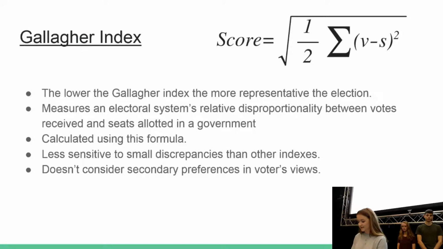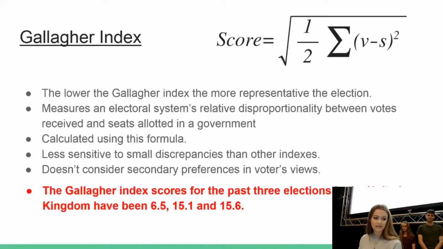This value is then summed by the sign sigma, and the closer this result is to 0, the more representative the election was. Even though this index is less sensitive to the addition of smaller parties, it doesn't consider a voter's secondary preference. The Gallagher Index for the UK's past 3 elections is 6.5, 15.1 and 15.6.